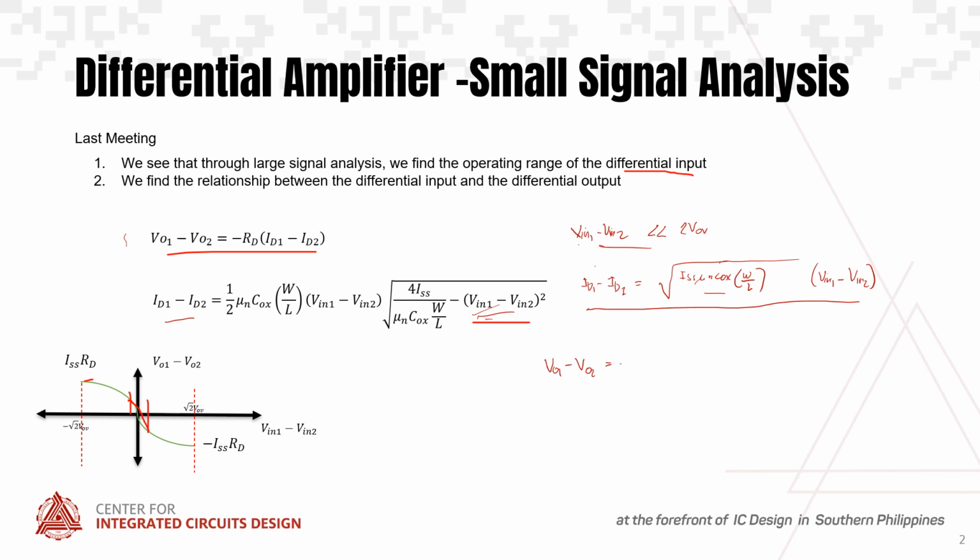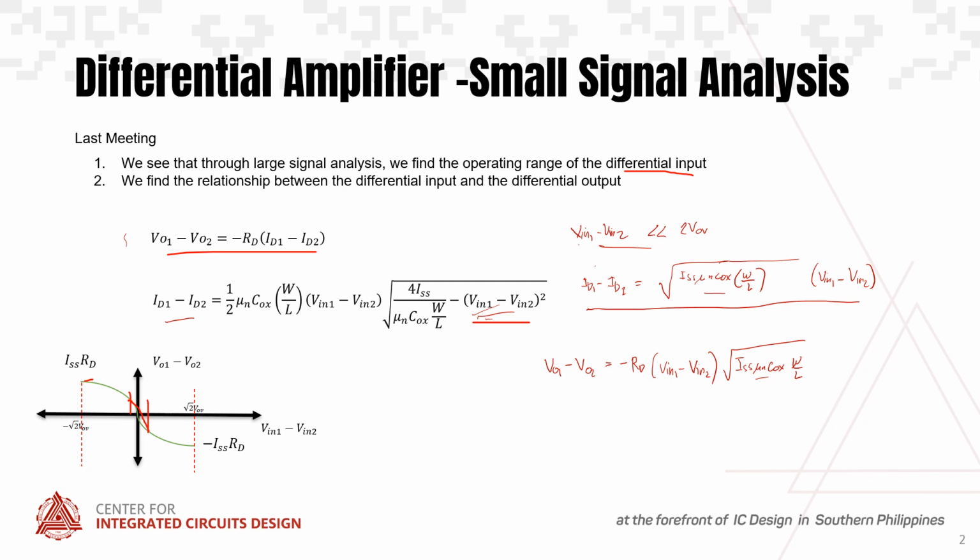So we'll have VO1 minus VO2 is equal to negative RD times this, let's first take Vn1 minus Vn2, times the square root of ISS mu n COX W/L. As we can see, there's no square or any other term that makes it nonlinear. This is a fixed value.